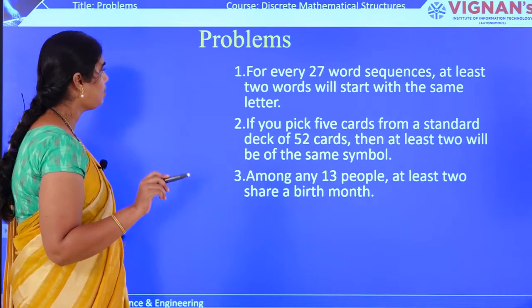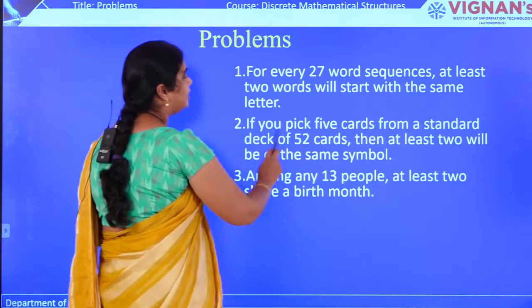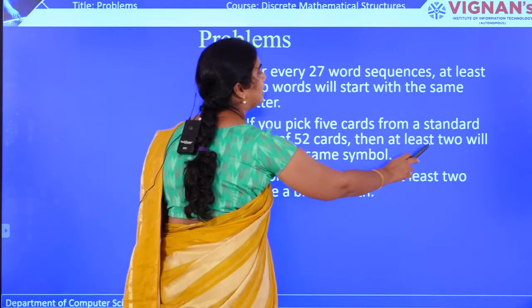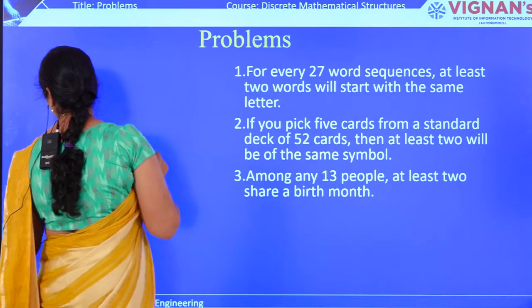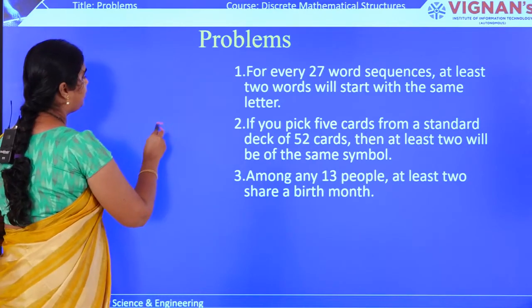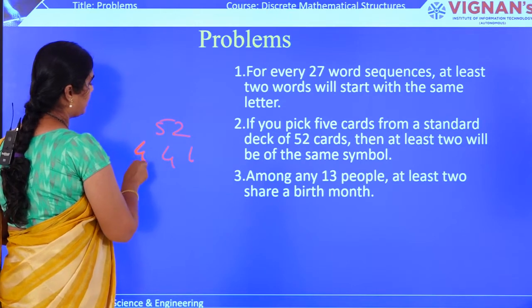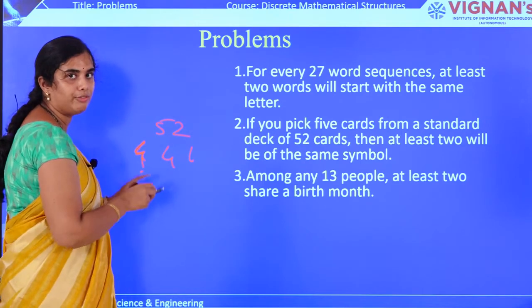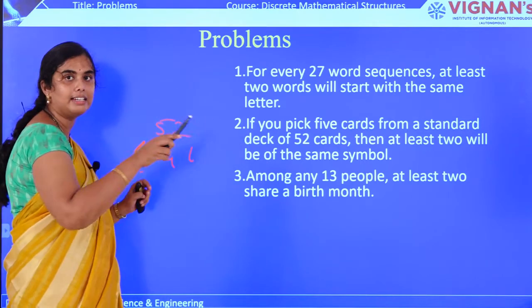And in the second one, if you pick 5 cards from a standard deck of 52 cards, then at least 2 will be of the same symbol, because in a deck of 52 cards there are 4 symbols, right?